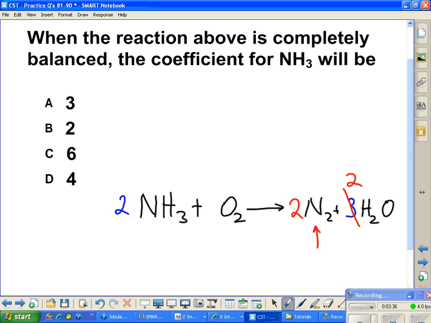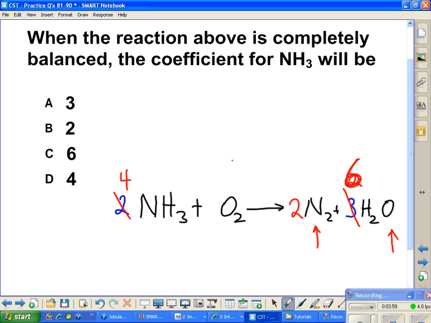When I multiply this by 2, it becomes a 4. Now I look at how many oxygens I have on the right side of this equation. This isn't a 2, this is a 6. It's 2 times the 3. And so if the 6 has a coefficient for water, I have 6 oxygens.